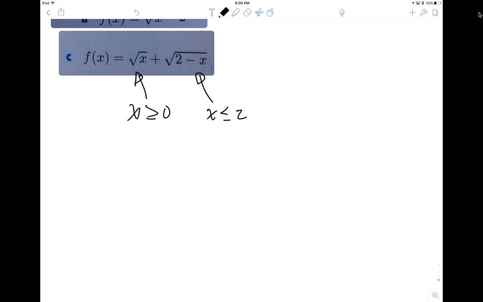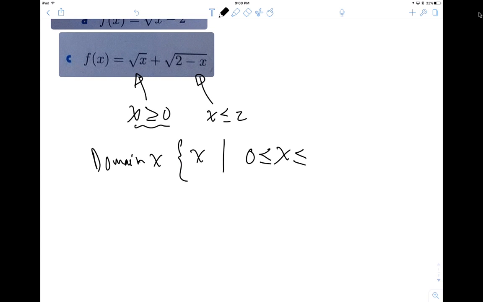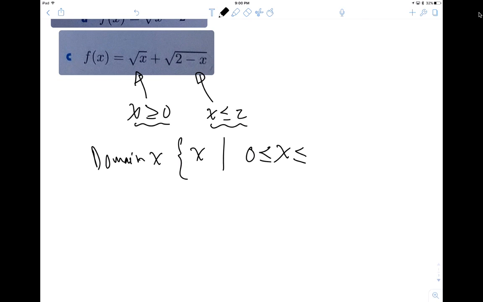So there we've got the makings for a nice domain: x will be all x's such that x is greater than or equal to 0 and less than or equal to 2.